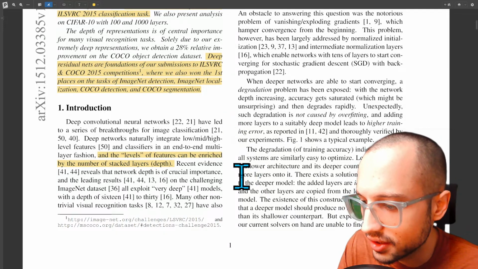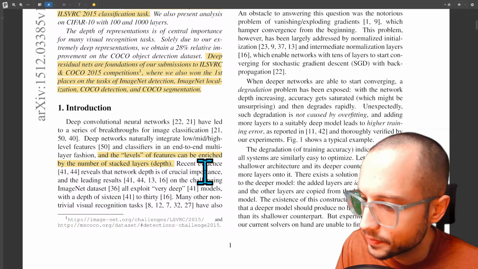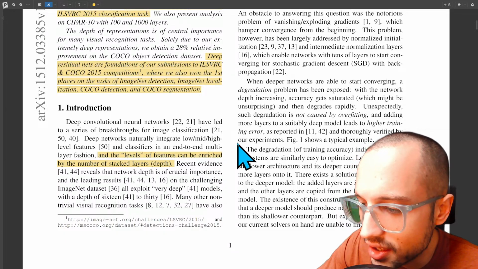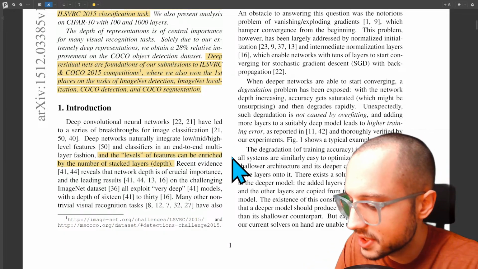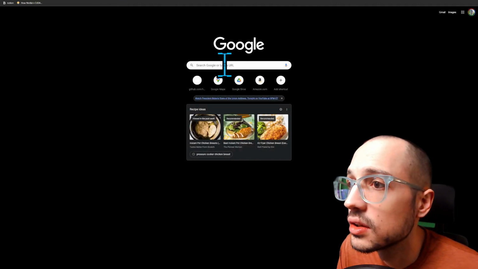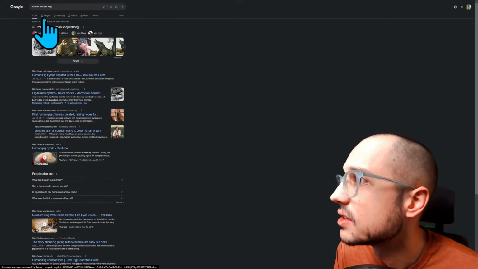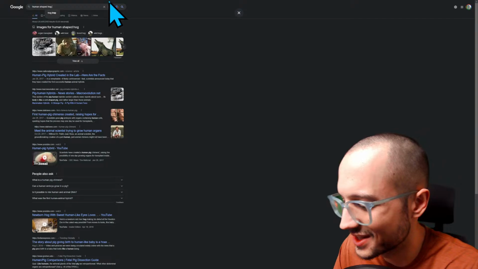They would have little edge detecting features, and then maybe a human shaped one. There used to be this human shaped HOG, histogram of gradients. Computer vision.